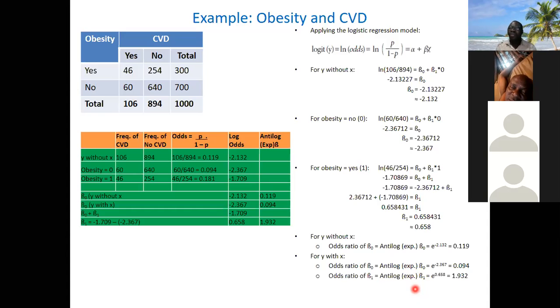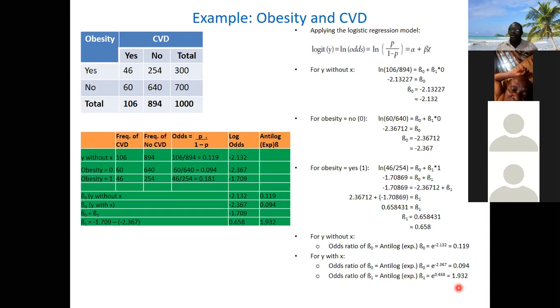The odds ratio means how many times. Anything you write is over 1, so you can say 1.93 over 1. What it's telling you is that if the odds of having cardiovascular disease is 1.93, the odds of not having it will be 1. Or if the odds of not having it is 1, the odds of having it will be 1.93.